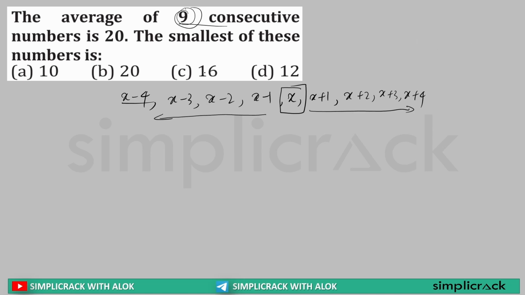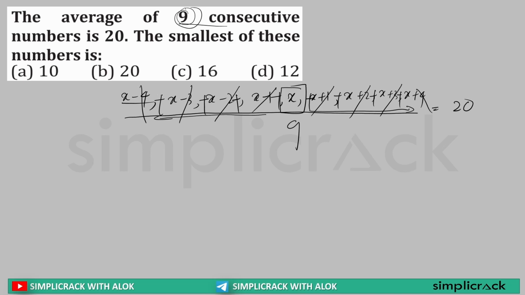Clear? Now, sir, it is saying the average of all this is 20. That means if I add all this and divide by 9, because there are 9 numbers, my average will be 20. Yes or no? Now, sir, minus 4 plus 4 cross out, plus 3 minus 3 cross out, minus 2 plus 2 cross out, plus 1 minus 1 cross out.